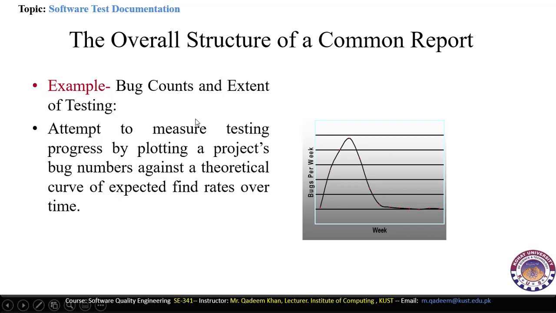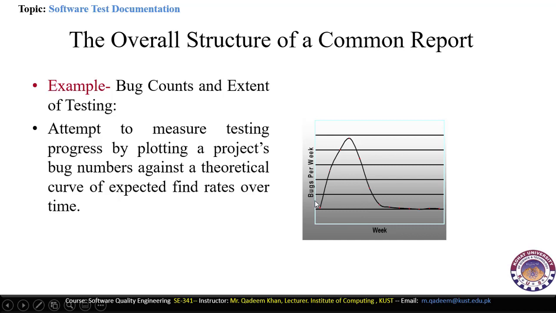Now, the bug counts and extent of the testing are represented in the form of a graph here. It attempts to measure the testing progress by plotting a project's bug numbers against theoretical curves, and the find rates or times.